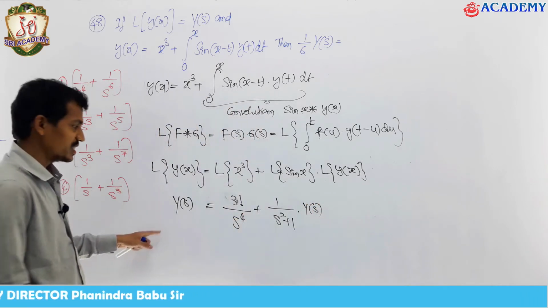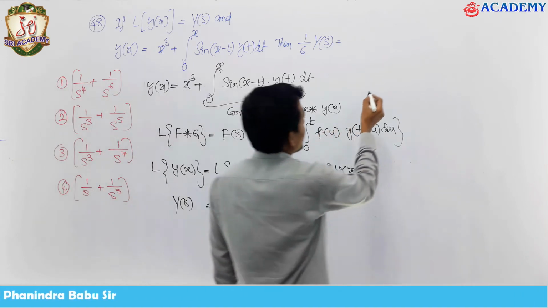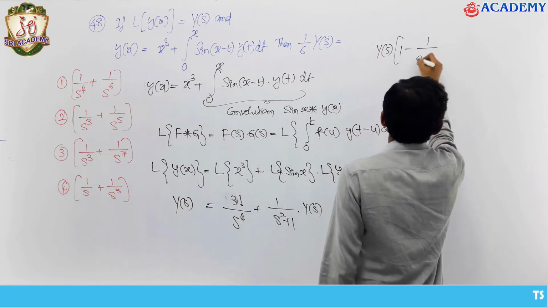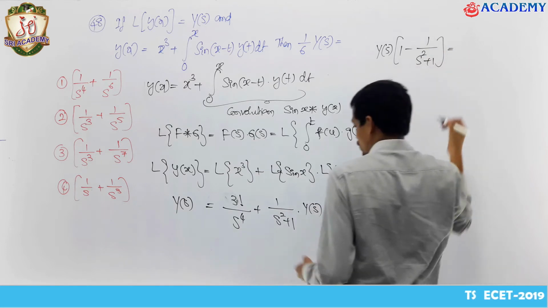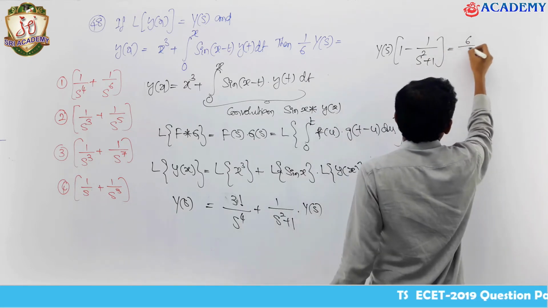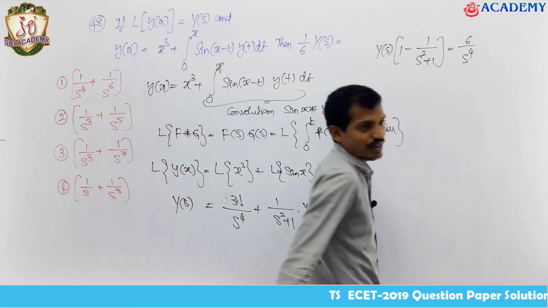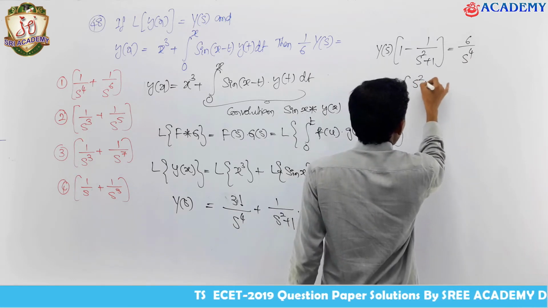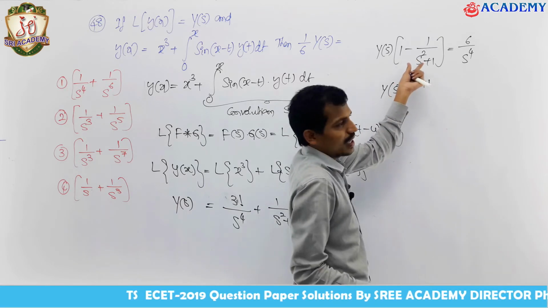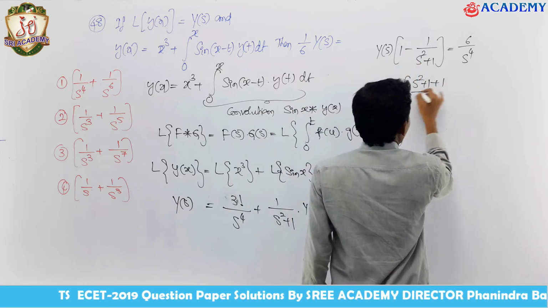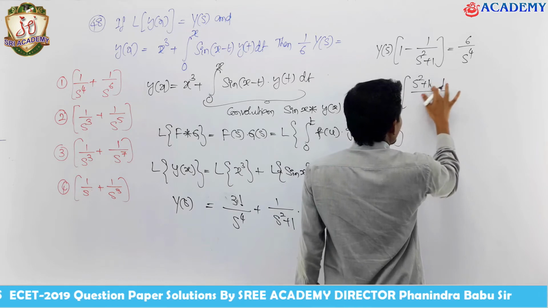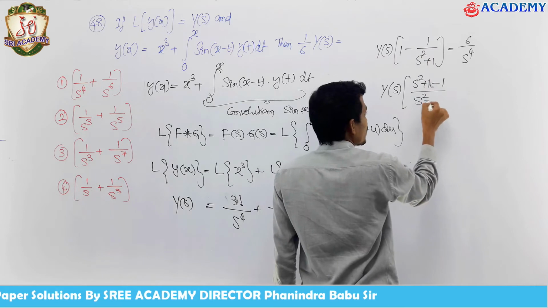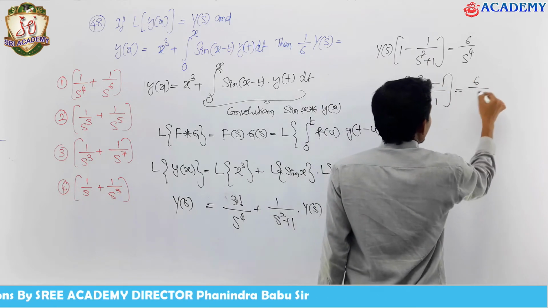Taking y of s common on this side, that is 1 minus 1 by s square plus 1 equals 3 factorial, which is 6, divided by s to the power of 4. Taking the LCM, s square plus 1 minus 1 divided by s square plus 1 equals 6 divided by s to the power of 4.